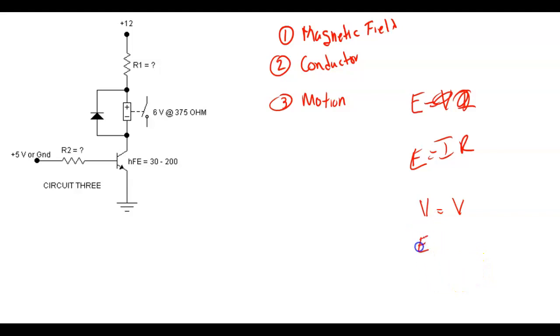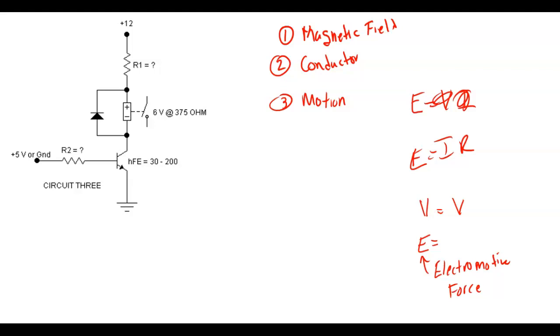So if you ever see E, then this stands for electromotive force, which is voltage. So you'll see that in books. If you ever see that, they're talking about voltage.